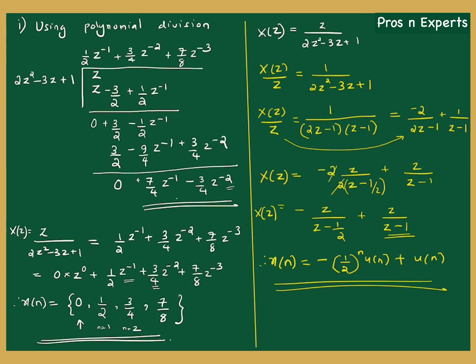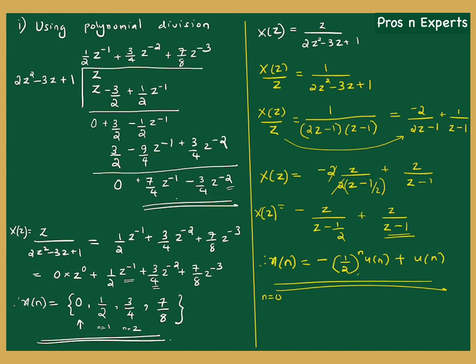You might be thinking that this inverse transform is different from this one. It's not actually different, because you put n equal to 0, n equal to 1, etc. and calculate the amplitude. At n equal to 0, this is minus half raised to 0 into u of 0 plus u of 0.